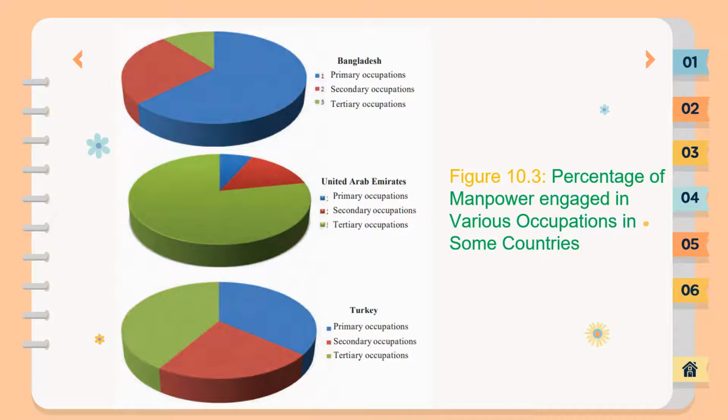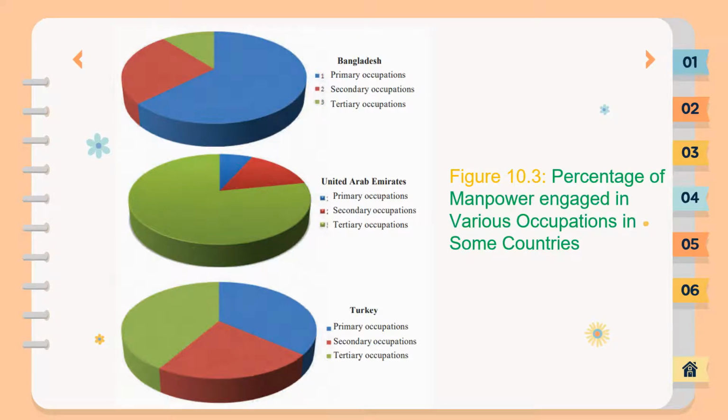Which country has more manpower engaged in tertiary occupation? As you can see in the pies, it is the United Arab Emirates, that is UAE, that has more manpower engaged in tertiary occupations. Then students, which country has almost equal manpower engaged in all the occupations?